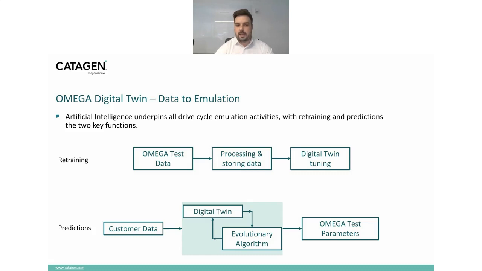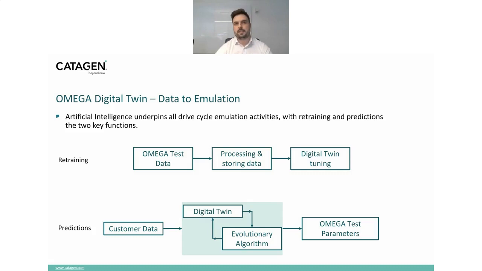The artificial intelligence is able to learn from previous test data, and this then allows us to make projections in terms of what we need to do for future testing. So this is really a case where we gather data on the Omega test reactor, process and store this data, and then we can use this to tune our digital twin of the Omega reactor. Then once we have a tuned digital twin, we can make predictions.